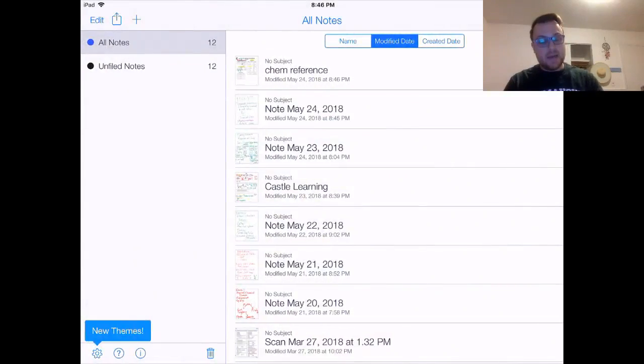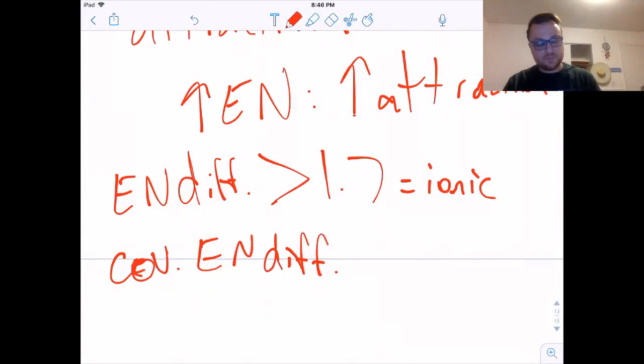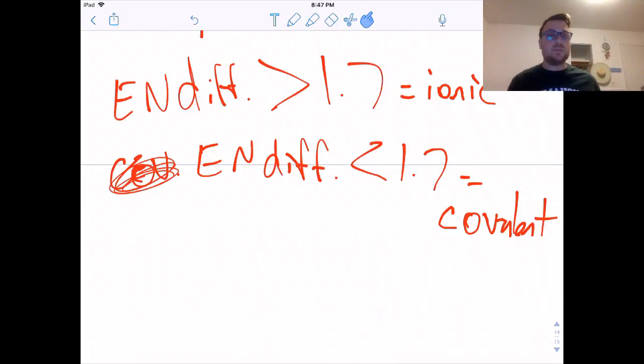One is not as greedy as the other. So they just kind of meet in the middle and say, we'll share. For example, water was 2.2 for hydrogen and 3.4 for oxygen. When you subtract those, you get 1.2. That's less than 1.7. That gives you a covalent bond.